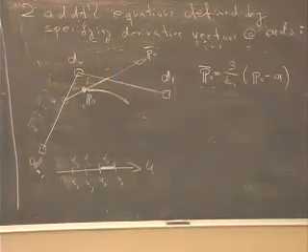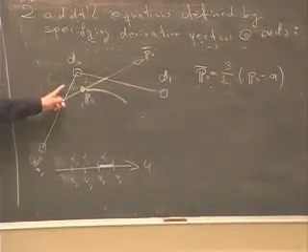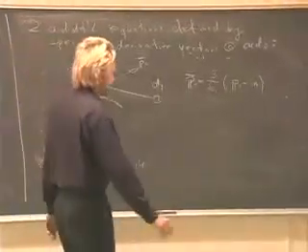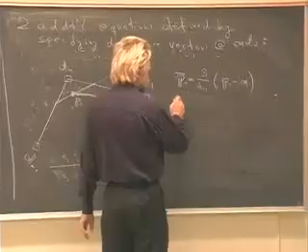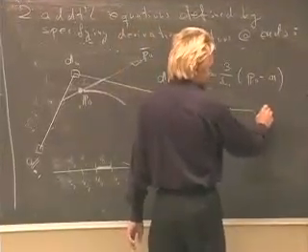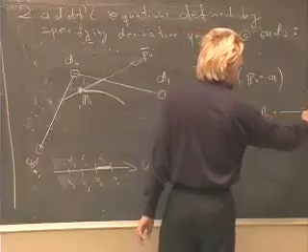I'm not quite happy with that. I need to express a in terms of these two d's, because that's what I want. So what is a? A is this combination of the d minus 1 point plus something times the d0 point.